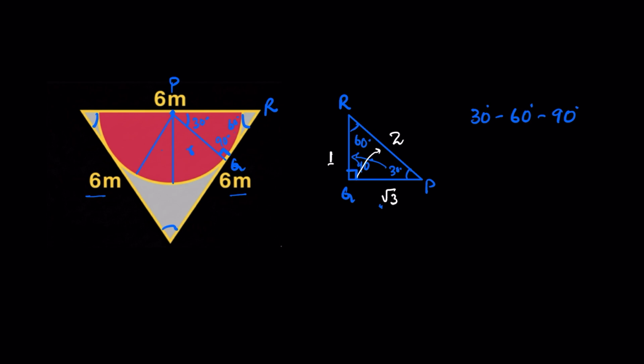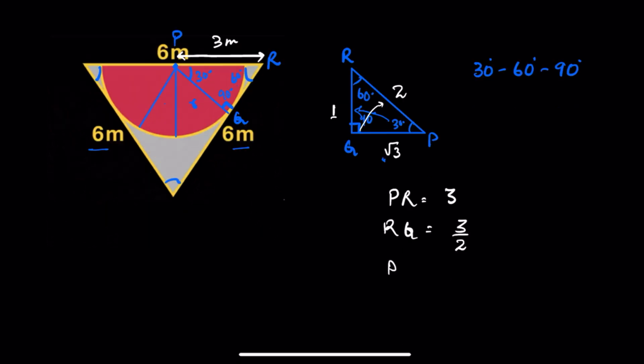Now given here in this triangle, PR will be 3, half of 6 meters. So PR is 3, then RQ will be 3 upon 2, and then PQ will be square root of 3 times 3 upon 2.